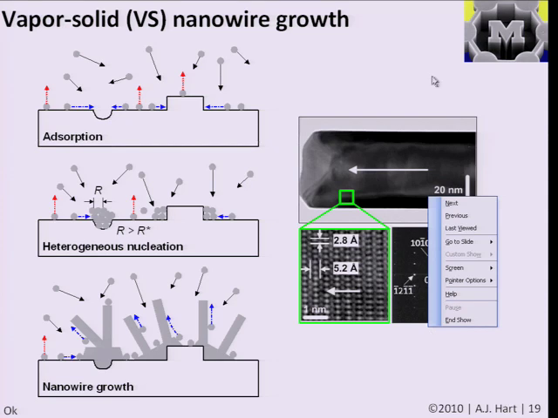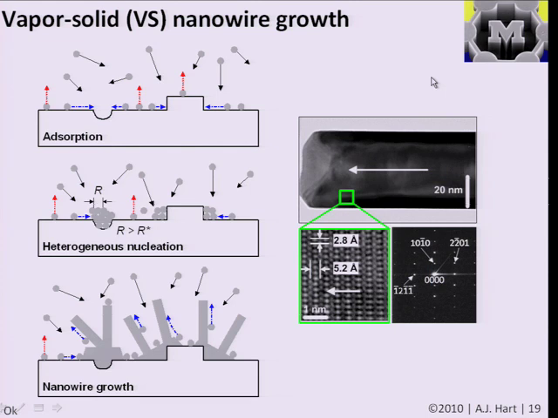And one of the specific examples of how this process of nucleation and growth on a substrate is directly relevant to the growth of nanowires and nanotubes is in a process which has become called vapor solid growth.